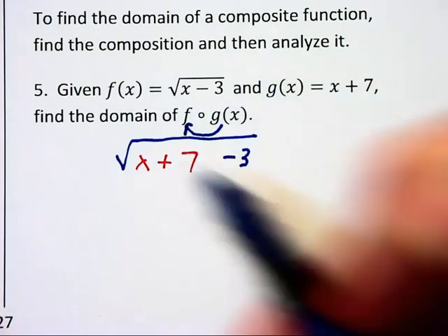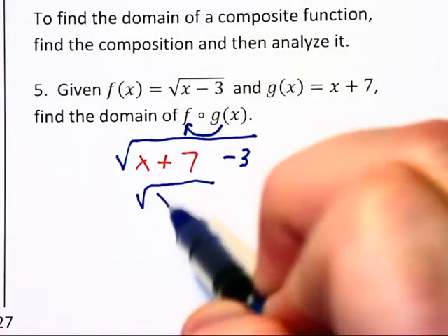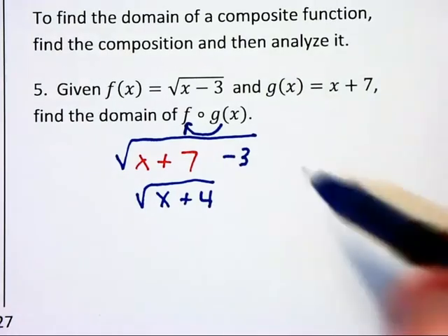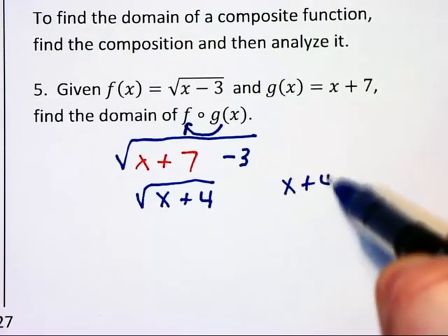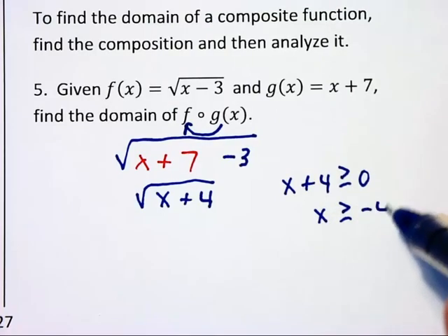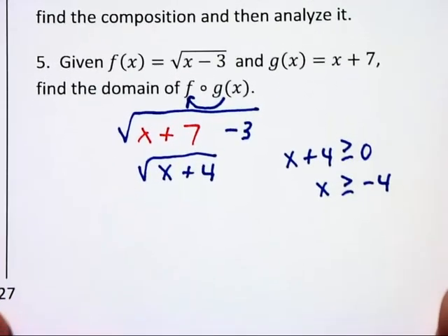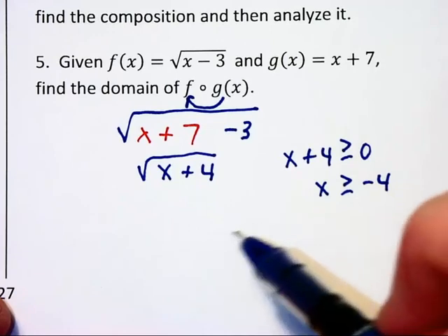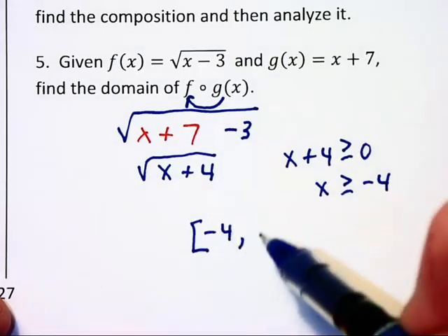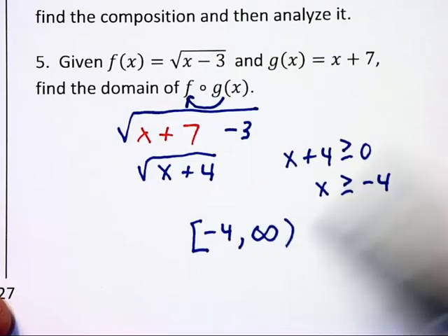And so this becomes the square root of x plus 4, and we need to make sure then that x plus 4 is greater than or equal to 0, and therefore x must be greater than or equal to negative 4, and the domain of this composite function will be from negative 4, which we include, up to positive infinity.